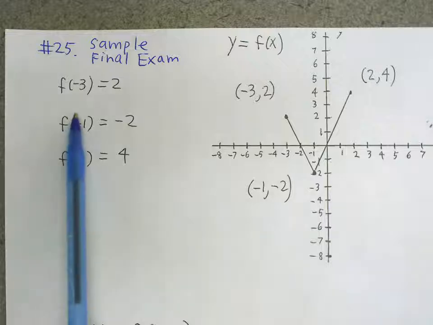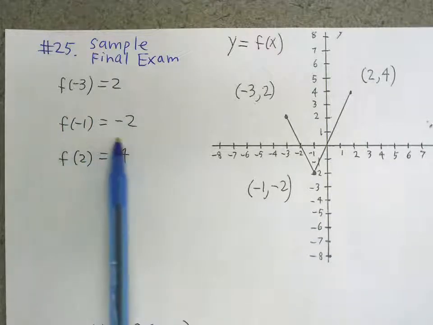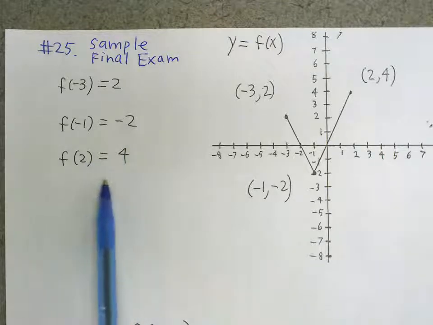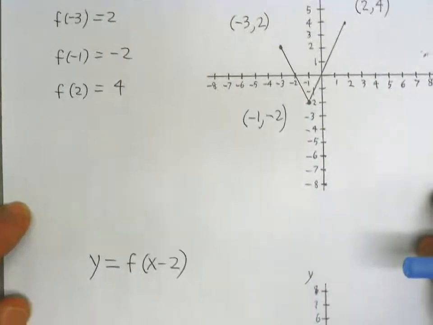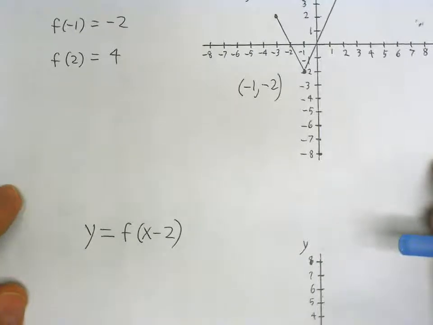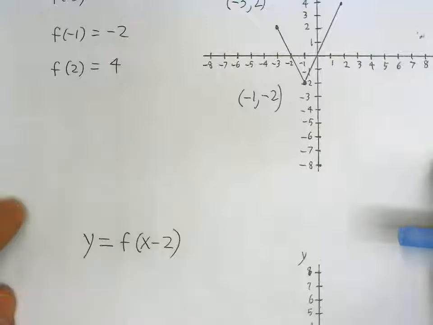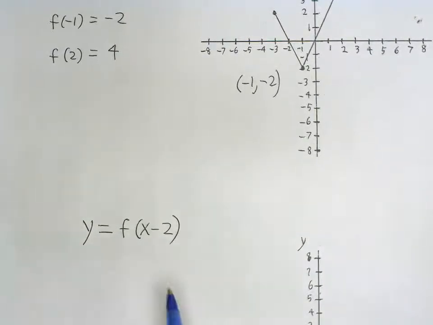Noting that f of -3 equals 2, f of -1 equals -2, and f of 2 equals 4, those are consistent with the ordered pairs on the graph. So to get a graph of y equals f of x minus 2 from the graph of f of x, you can remember that this means to translate the graph of f of x 2 units to the left.